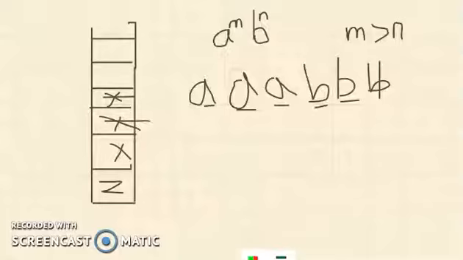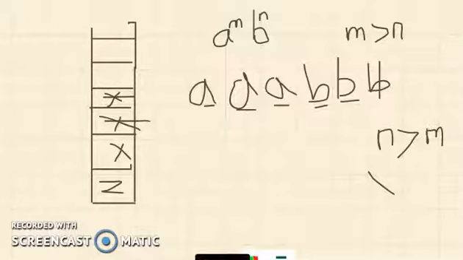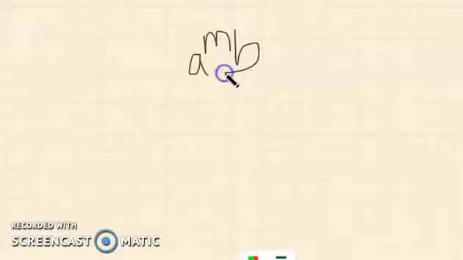Now we will see one more example where n is greater than m. For this, a raised to m, b raised to n, where n is greater than m.